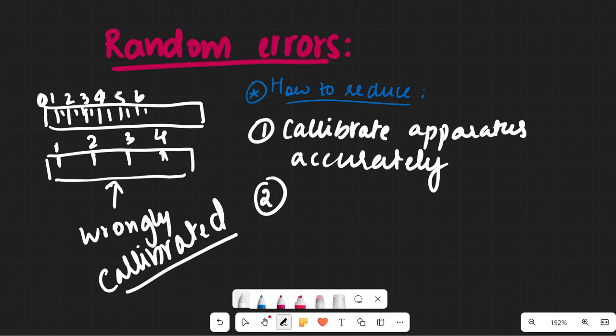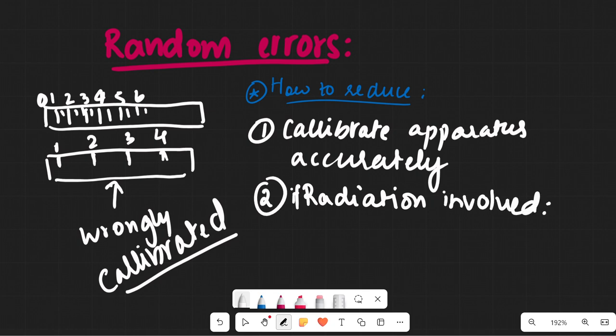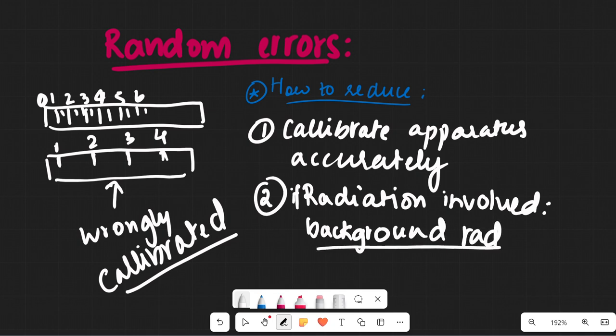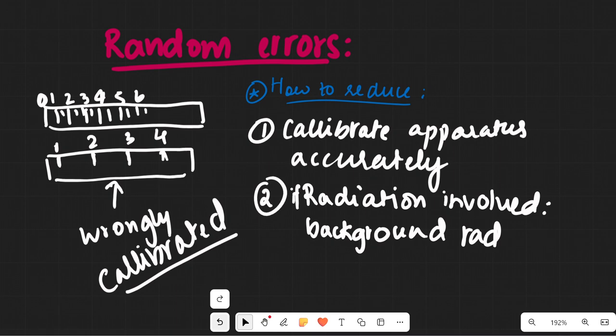Number two is, sometimes we have experiments with radiation involved. If radiation is involved, you need to take account of the background radiation. This is very important and people often forget about this.